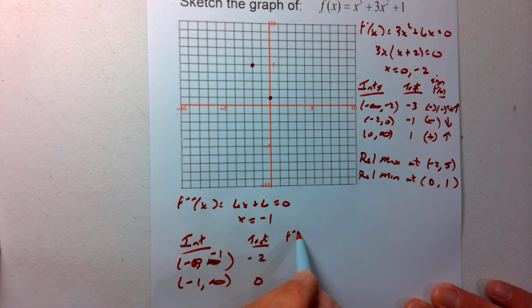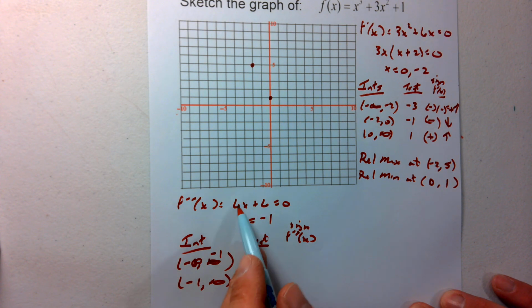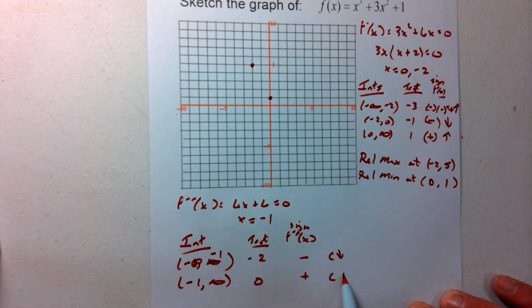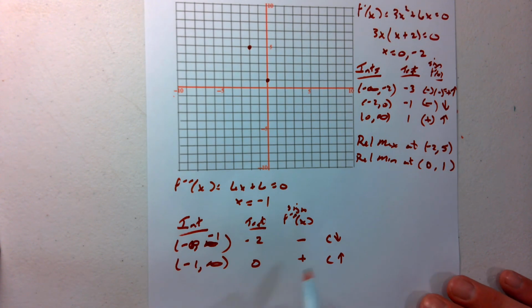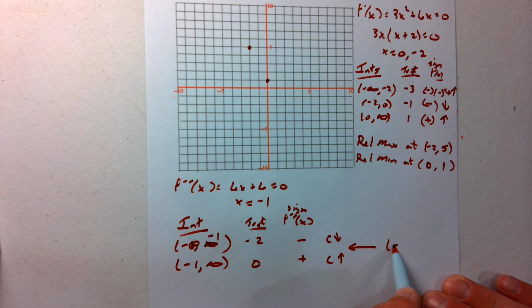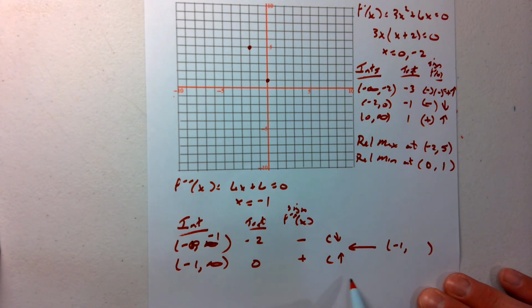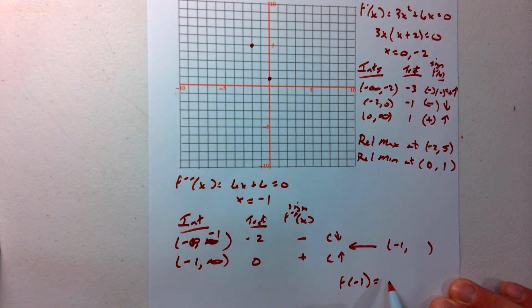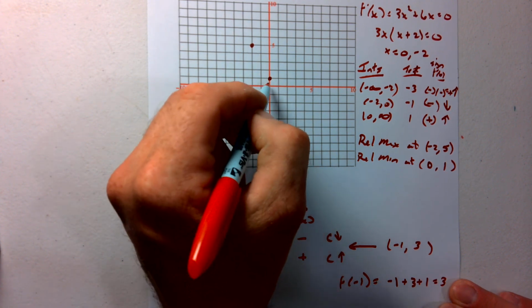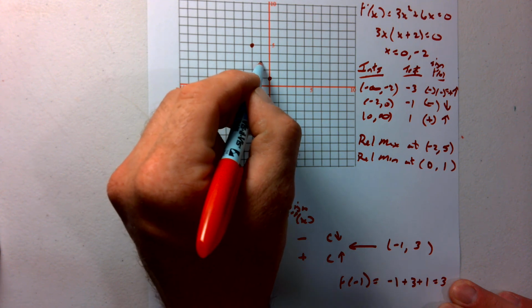So the sign of my second derivative, if I plug in negative 2, I get a negative, and 0, I get a positive. So I'm concave down, and then concave up. So I have a possible point of inflection at negative 1. Plug that into our original function. So f of negative 1 gives me negative 1 plus 3 plus 1, which gives me 3. So I have the point negative 1, 3 as my point of inflection.